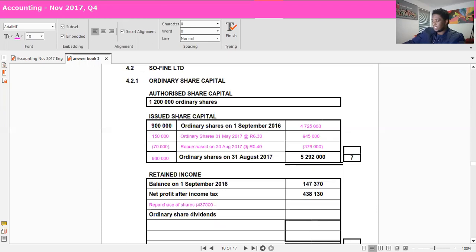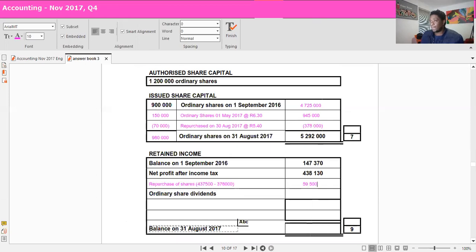And the average issue price, the one that we've taken to share capital, is 378,000, and then the rest of the money would then flow into the retained earnings and reduce our retained earnings because we paid more than the average issue price. And then in this case, it would be 59,500.